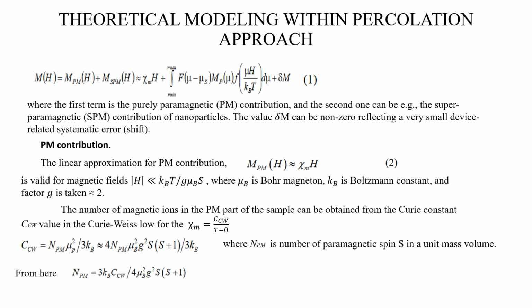At room temperature, the fields should be much smaller than 800 kOe. The number of magnetic ions in the paramagnetic part of the sample can be obtained from the Curie constant, valued in the Curie-Weiss law, chi equal to C over T minus theta. In case of interaction between ion spins, the temperature theta is negative.